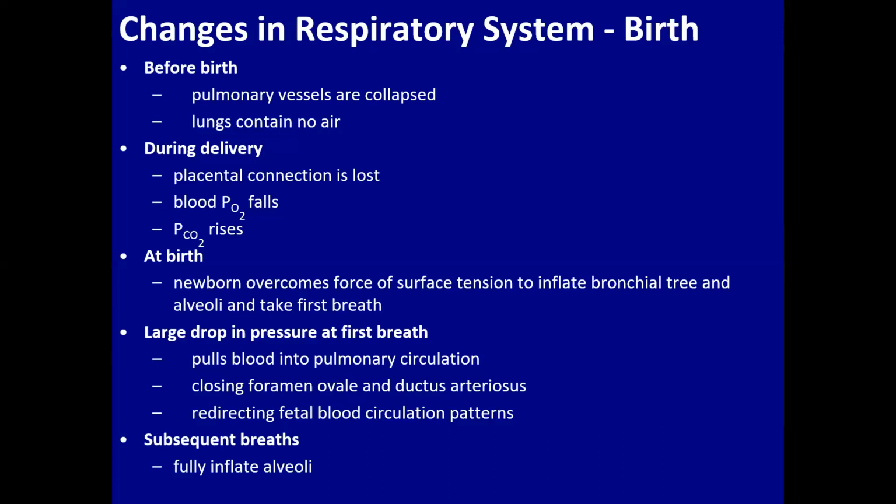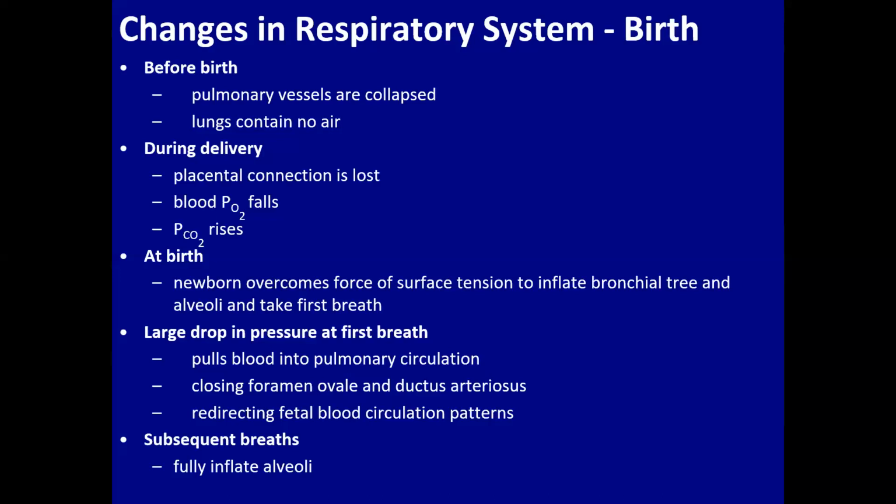Okay, so this next point, the large drop in pressure at the first breath. So let me be extreme here. You're a full-term fetus. You're still in utero, but you're going to be born within 3 hours. And let's just say that that fetus has 5 miles of blood vessels in the entire body.